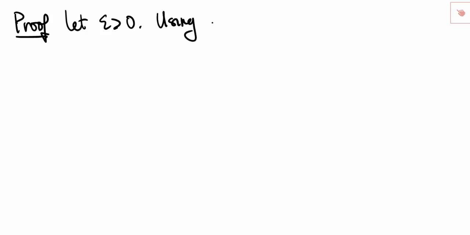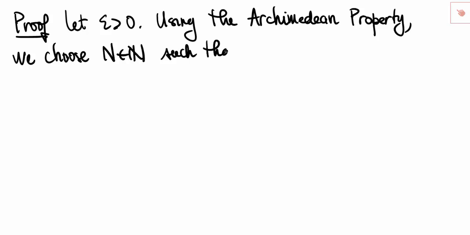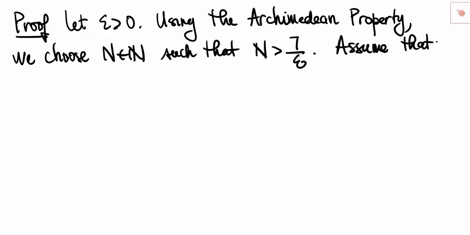Using the Archimedean property, we choose a natural number N such that N is greater than 7 over epsilon. Now assume that little n is bigger than capital N.